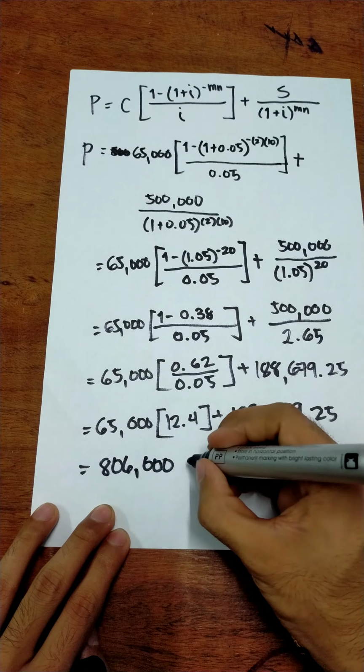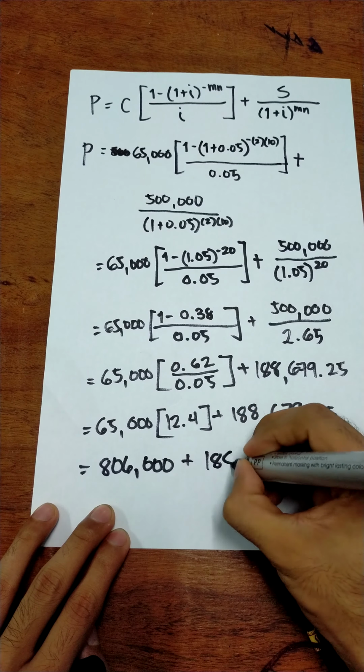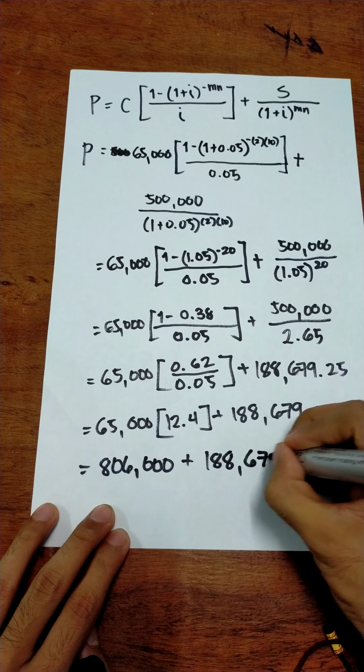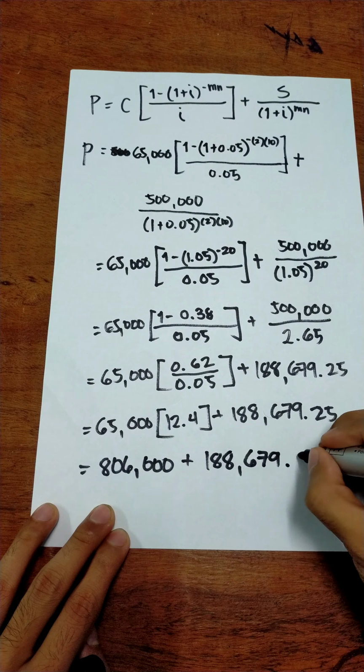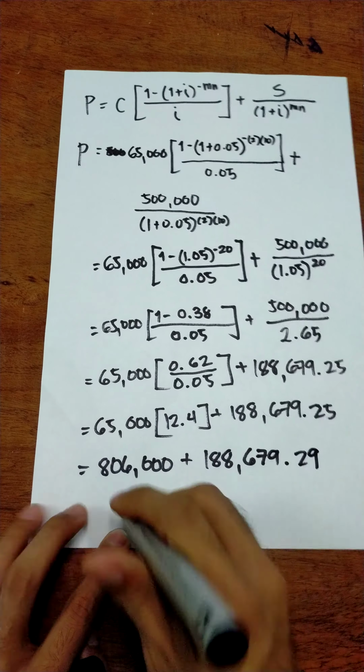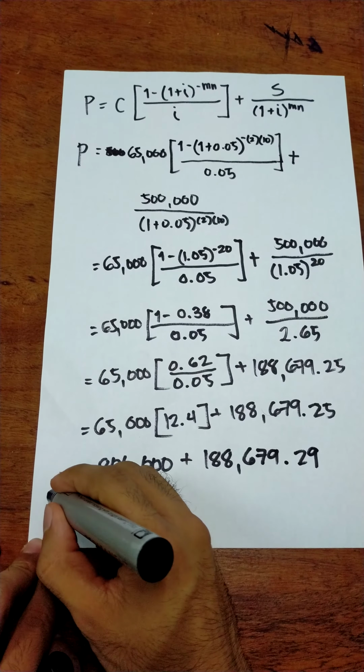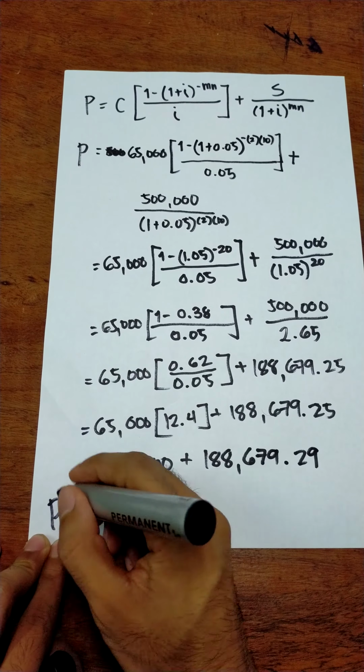Okay? Plus, will be the last step. We are going to add 806,000 to this 188,679.25.